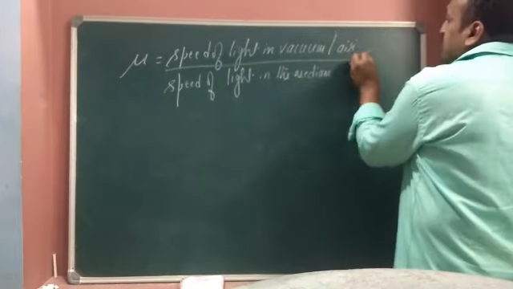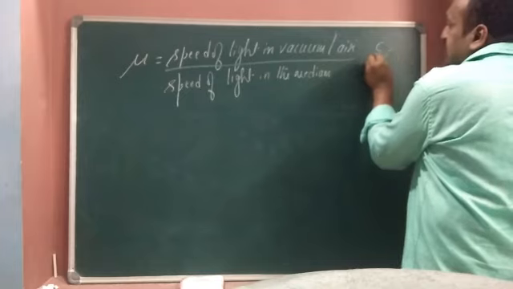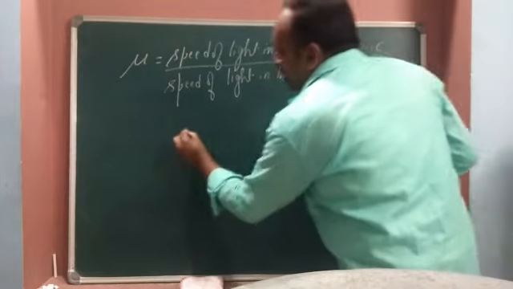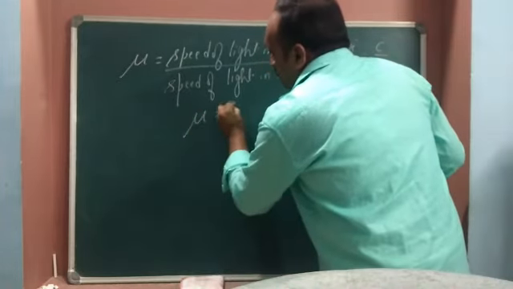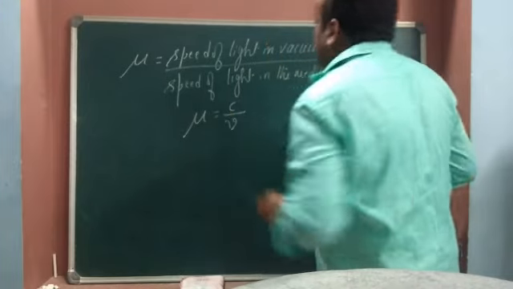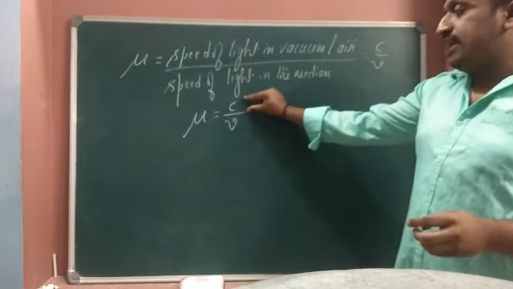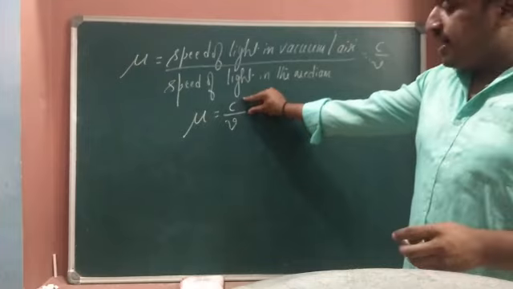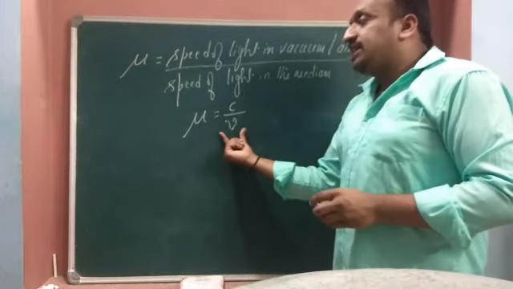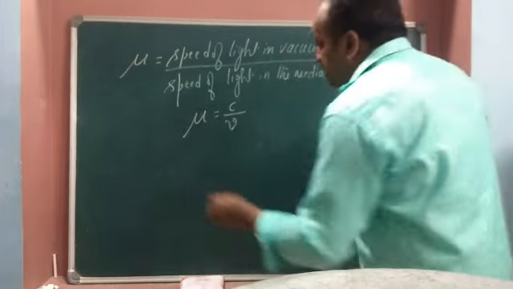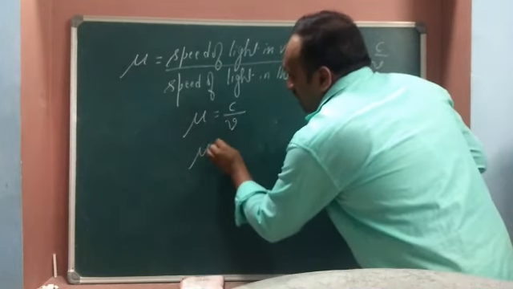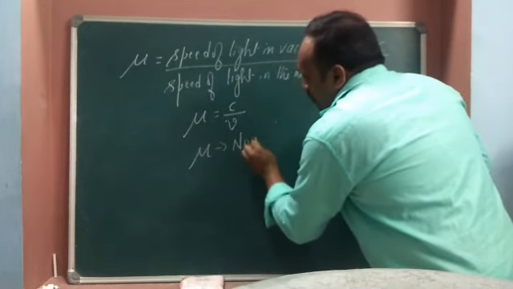In short form, we can write it as C divided by V. So I will write it one more time: mu is equal to C divided by V, which is the speed of light in vacuum or air divided by the speed of light in the given medium. And this refractive index has no unit.